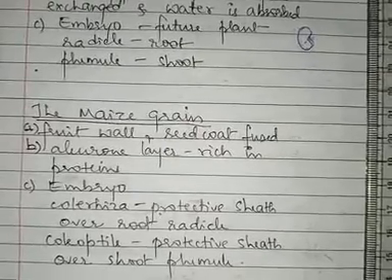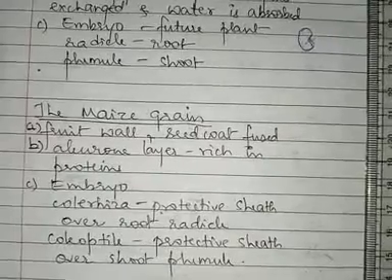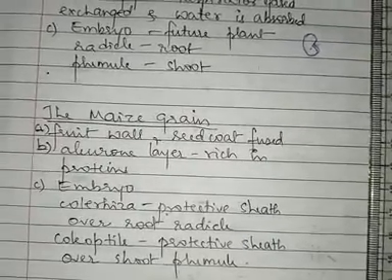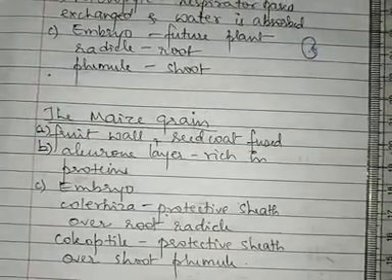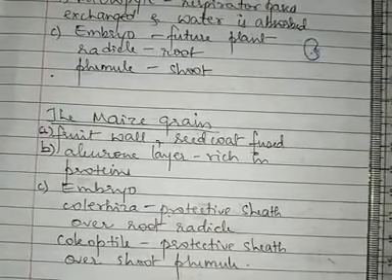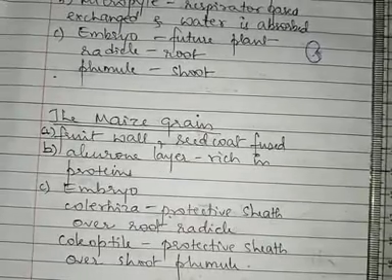Hello children, in the last video we started with the chapter seeds, structure and germination. We studied that seed is a ripened ovule. We also studied about the grain, which is actually a fruit in which fruit wall and seed coat are fused together.